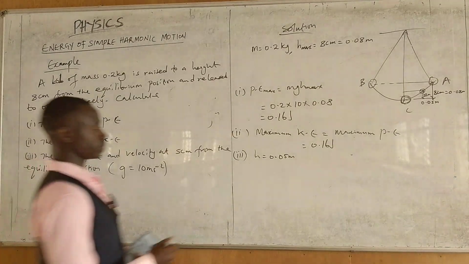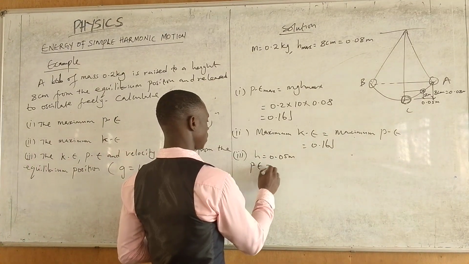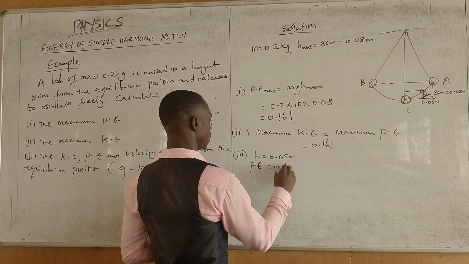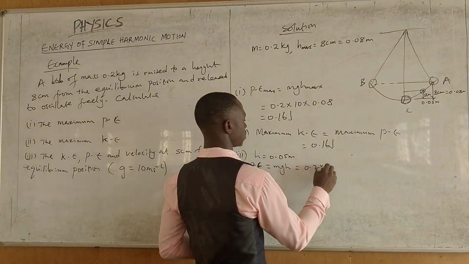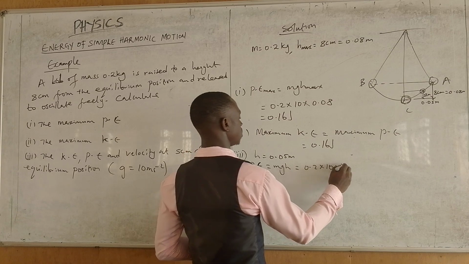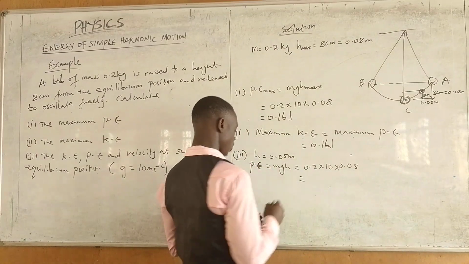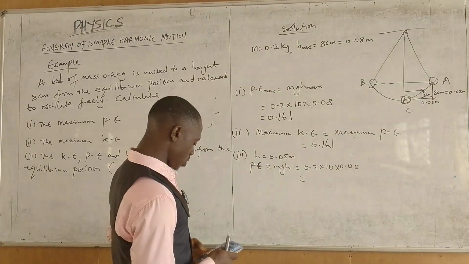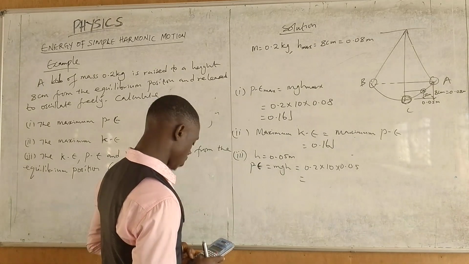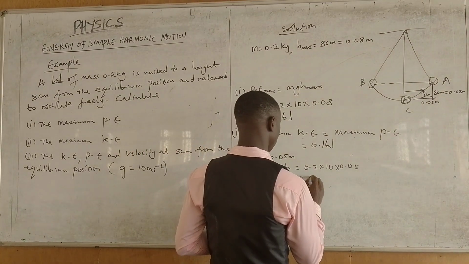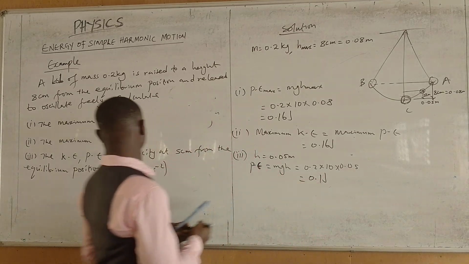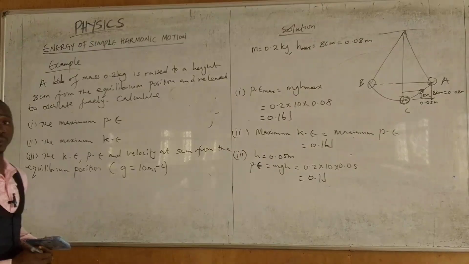PE equals mgh. Mass is 0.2, g is 10, h is 0.05. So 0.2 times 10 times 0.05 is 0.1.